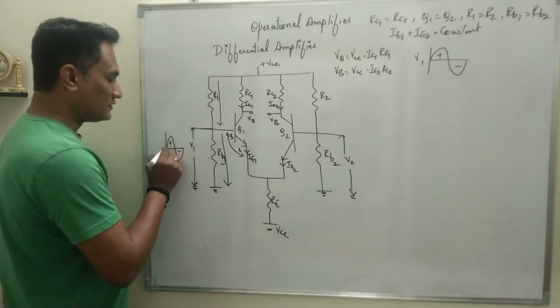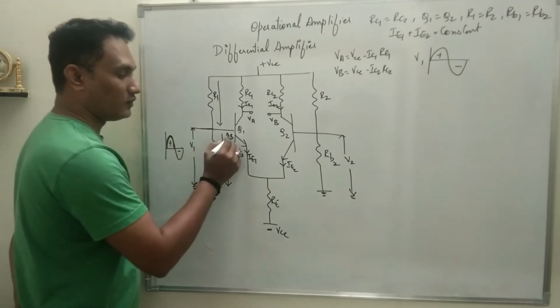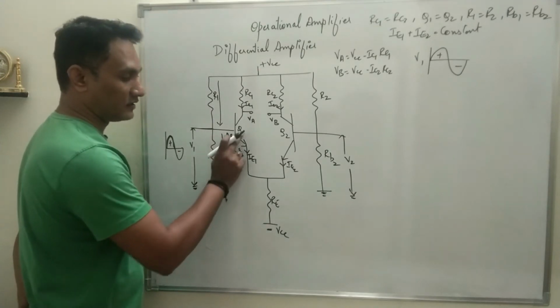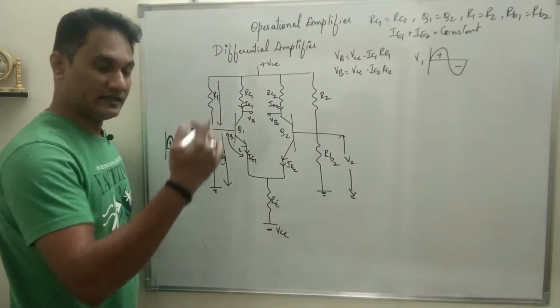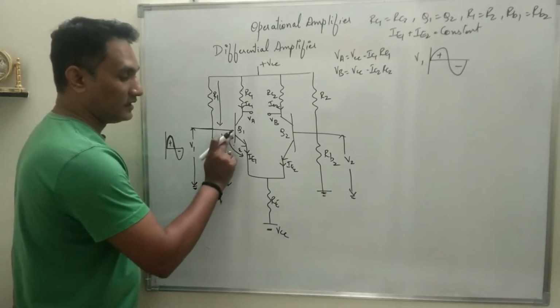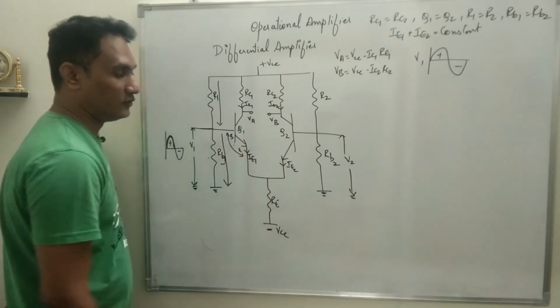Now what happens is during the positive half cycle, the forward bias of the base emitter PN junction of transistor Q1 will increase. During the negative half cycle, the forward bias of this base emitter junction of Q1 decreases.